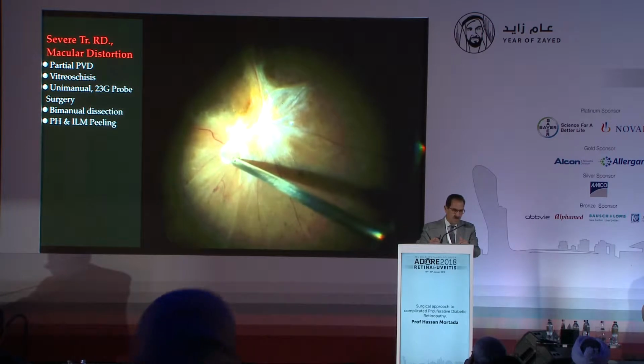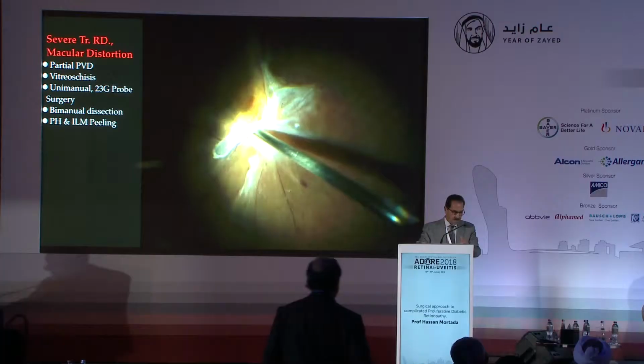Sometimes in this elevation, you can sever the epicenters, and then you activate the cutting, trying to isolate the epicenters, and then you can eat the epicenters. Sometimes you have to do this in several quadrants in order to achieve release of the tangential traction over the surface of the retina.